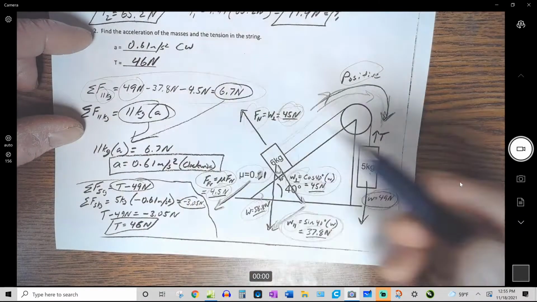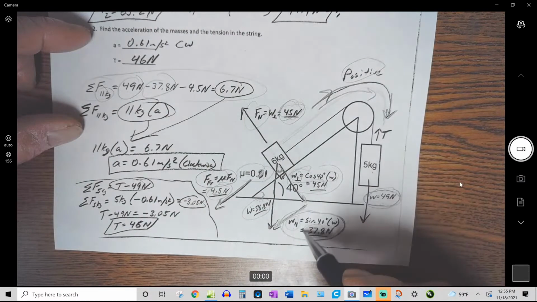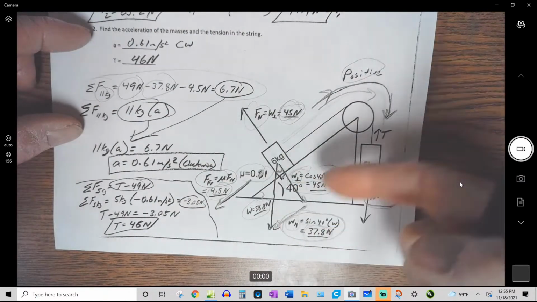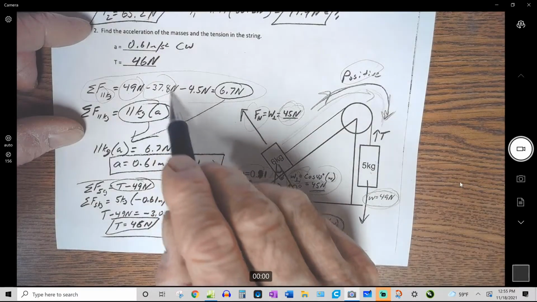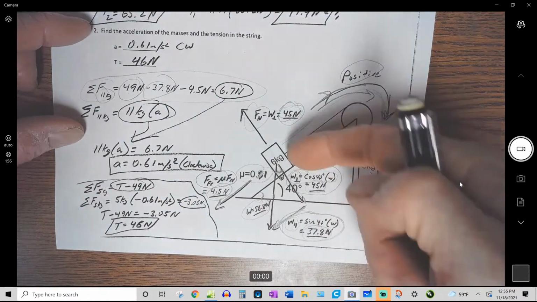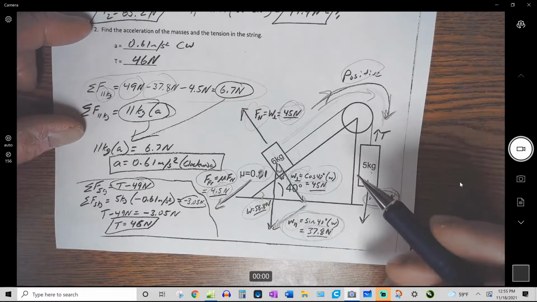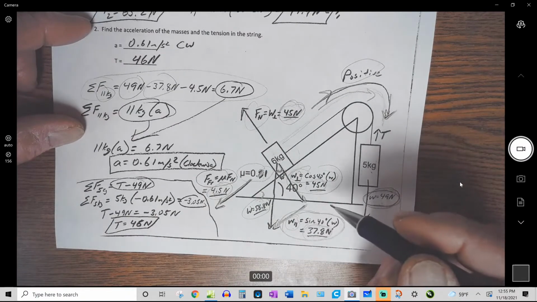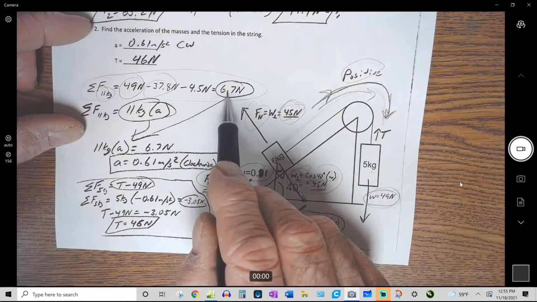So positive 49. And then negative 37.8, that's the downhill force of the weight of this. Minus 4.5, that's friction. Friction is also acting downhill. And that's it. Those are the only three non-canceling forces. Everything else cancels out. So those add up to 6.7 newtons.